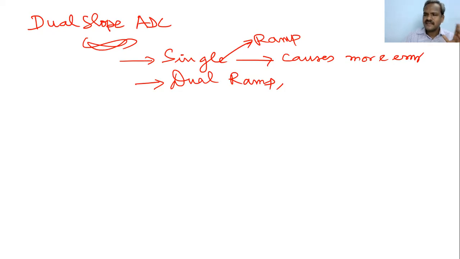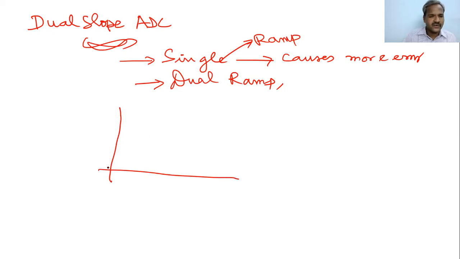The basic principle in this dual slope ADC is integration. First, we integrate for a fixed time interval, and then with the same integrator, we de-integrate, that is, integrate with the negative reference voltage in the reverse slope. Hence there is a positive and a negative ramp.